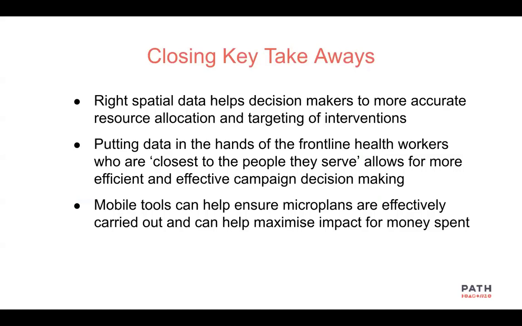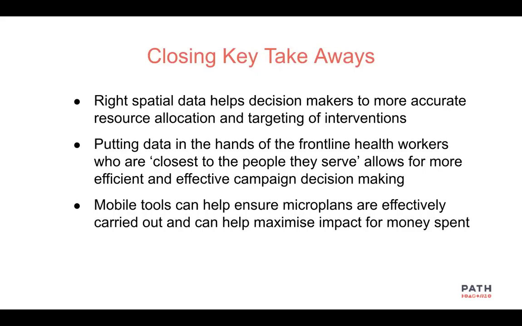So the key takeaway points from this are three in total. The first one is that spatial data helps decision makers with more accurate resource allocation. When you know where your problem is based on the spatial data, you'll be able to allocate and target interventions accordingly.